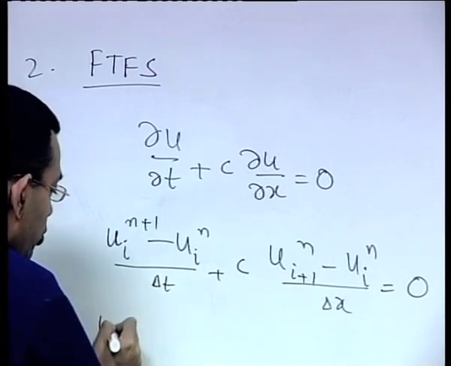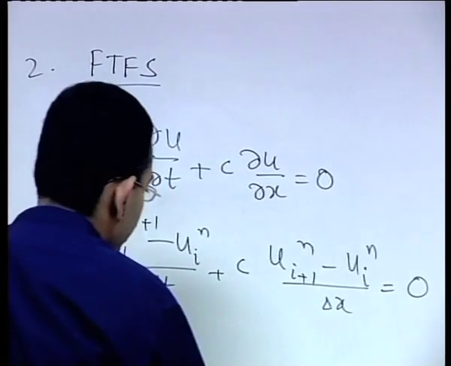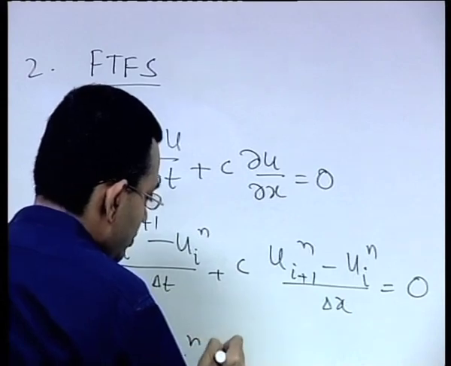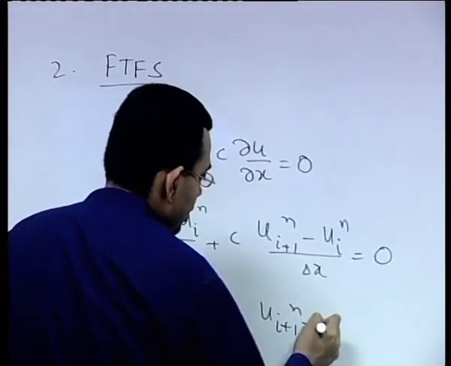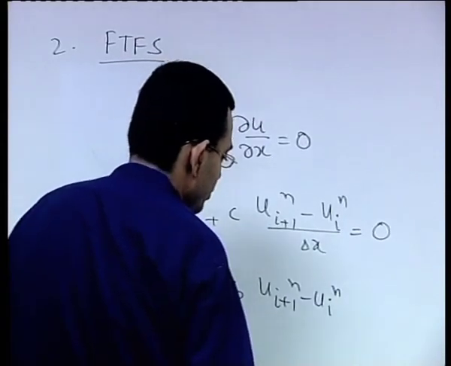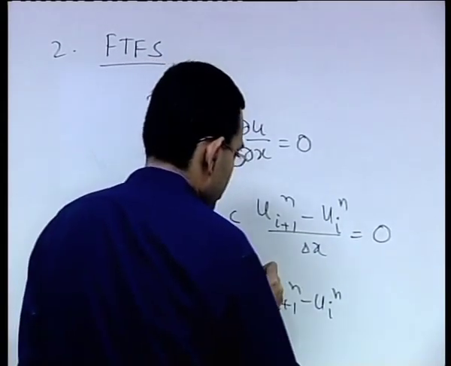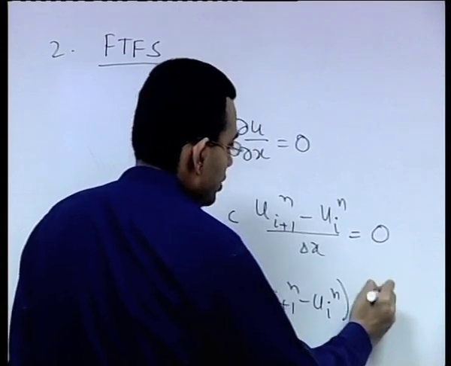So, u_i^(n+1) minus u_i^n plus Courant number into u_(i+1)^n minus u_i^n equal to 0.